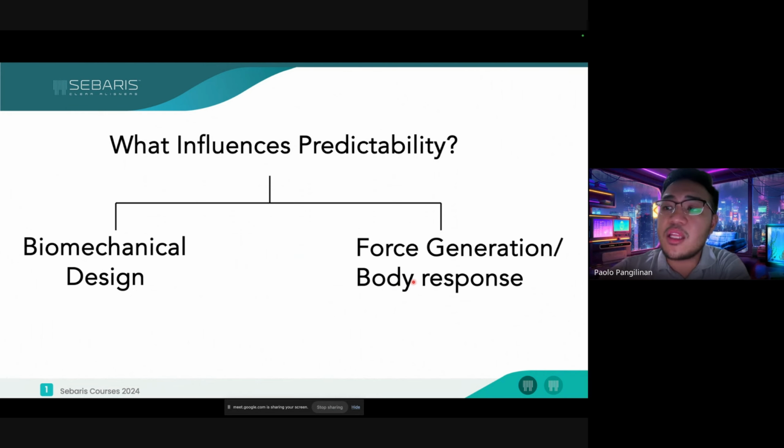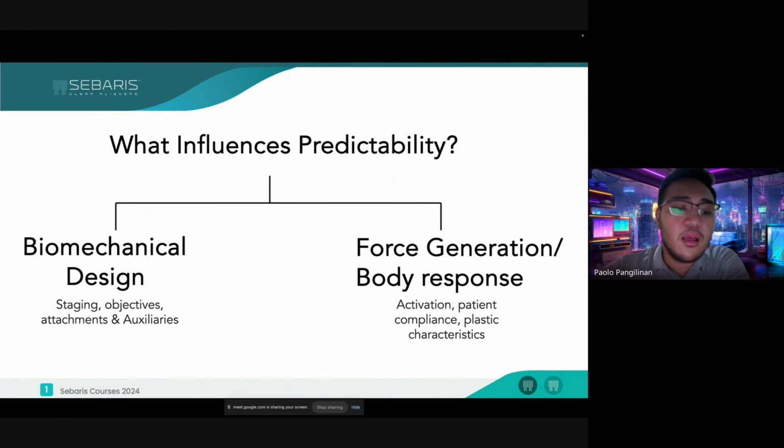Biomechanics talks about your staging and how you set your objectives. It also talks about your attachments and your auxiliaries. Your force generation and body response covers your activation, your patient compliance, and also your plastic characteristics.